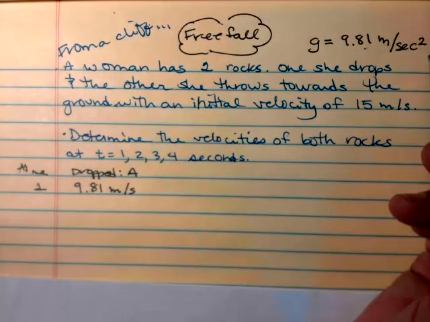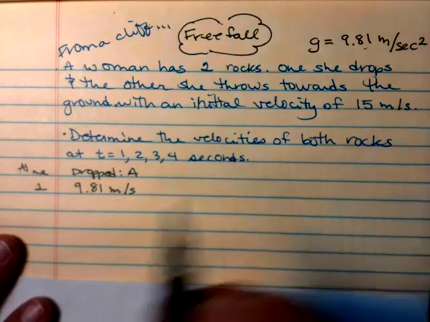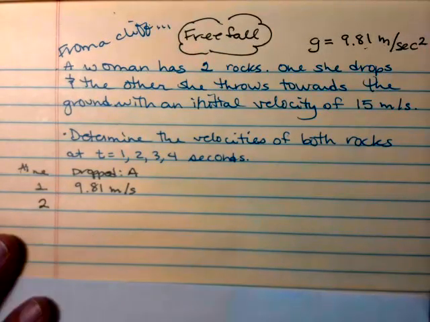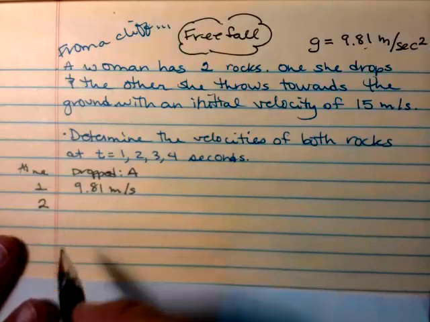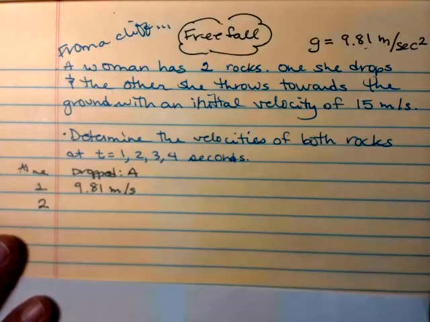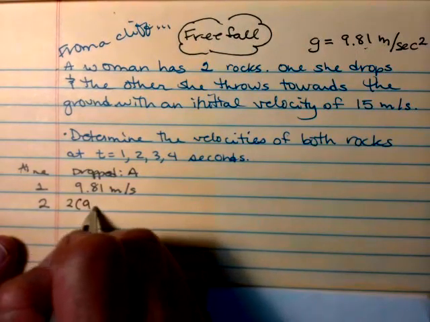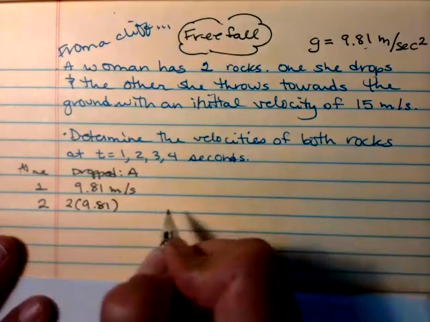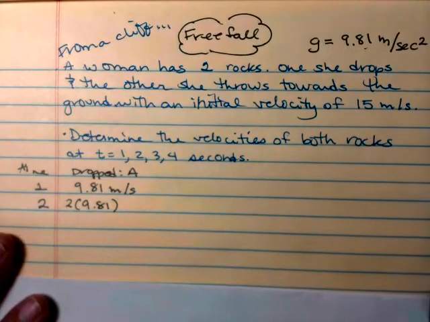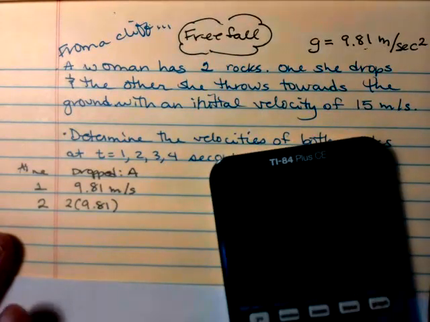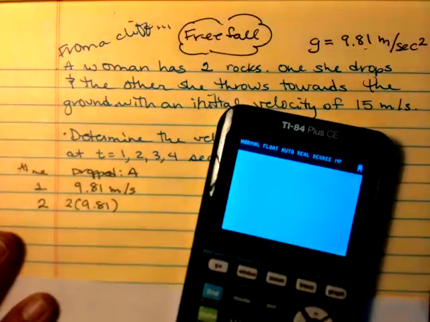So how fast would it be going at the end of the second second? Well, it's going to change by 9.81 each second. So at the end of the second second, it will be 2 of those. So 2 times 9.81 meters per second, and I'm going to use a calculator, or 9.81 plus 9.81 if that's how you're going to do it.